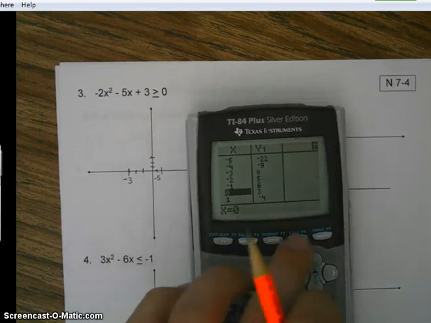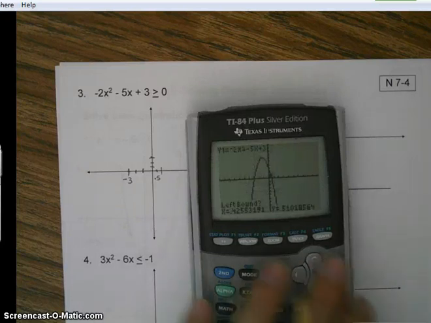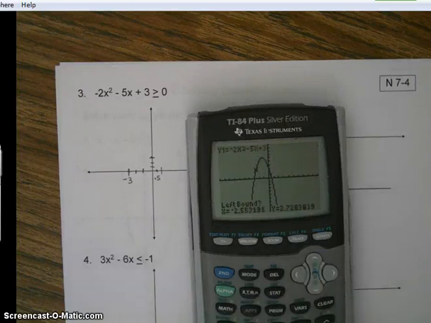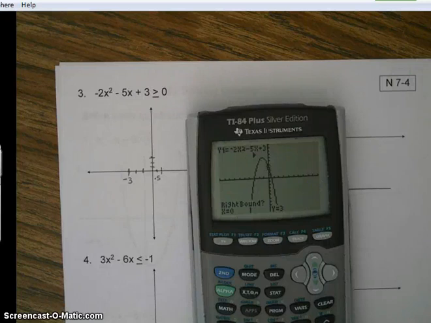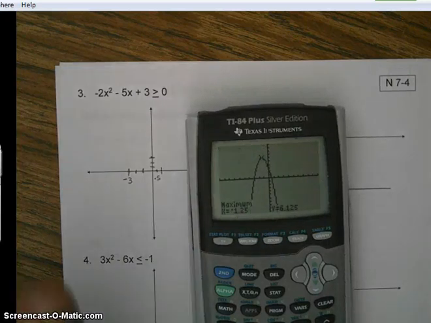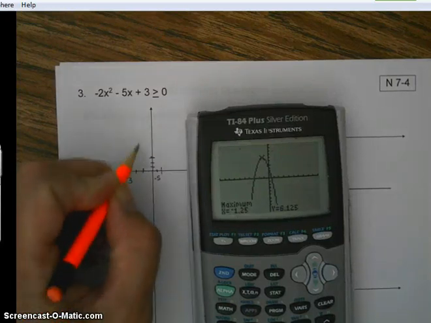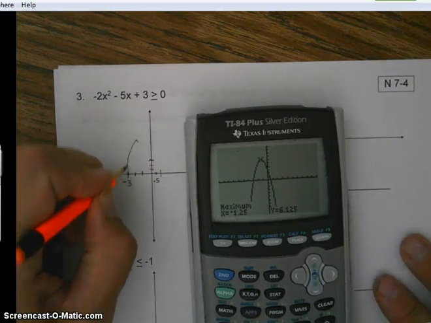Second calc, maximum, enter. I don't know why I'm spending so much time on this. It's just a sketch. So the vertex is (negative 1.25, ...). It's not too important for what we're doing right now.